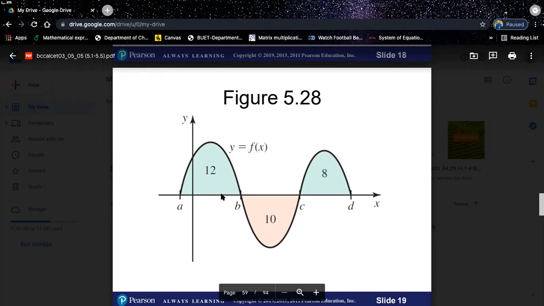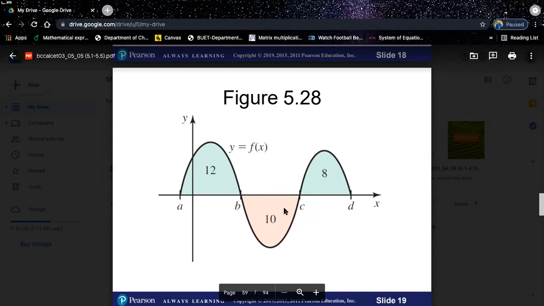So if I say net area, what I mean is, you add 12 with 8, which is 20. And since we are saying that this is the negative area, you subtract it from the sum of these two. So 20 minus 10, the net area is actually 10, right?